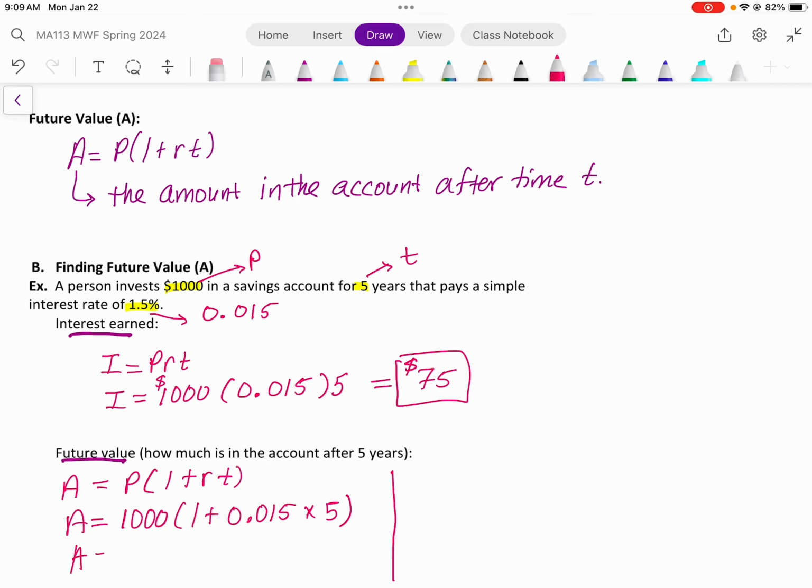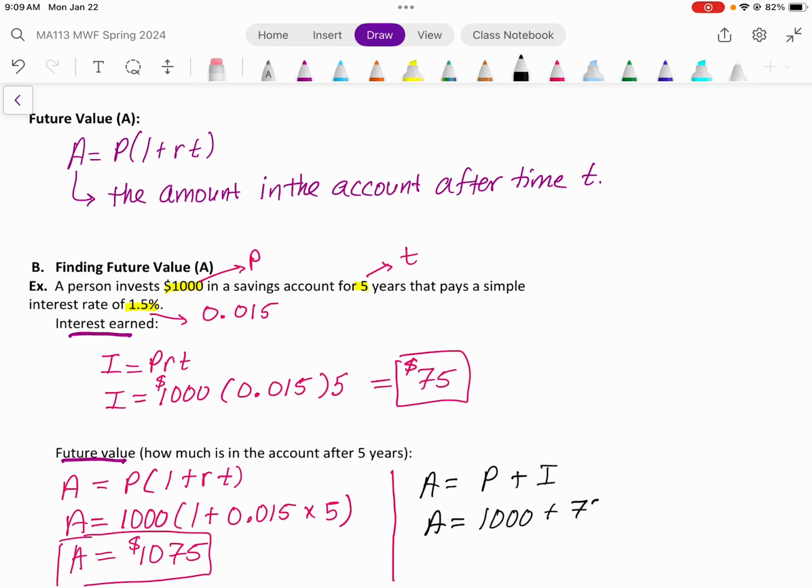And you'll get a total of 1,075. So that's how you can get your future value using the formula. The other way to get your future value is to simply take your principal plus your interest. Your principal was 1,000, your interest was 75, your total 1,075.